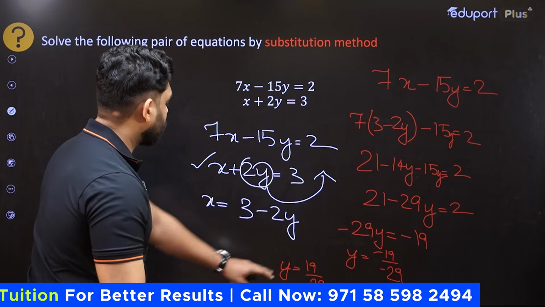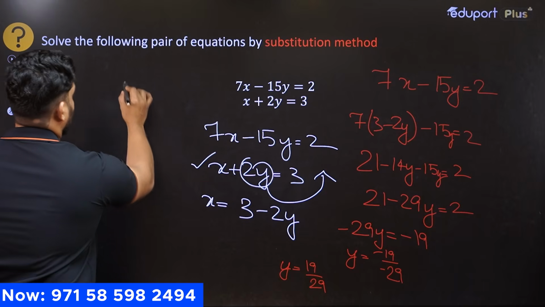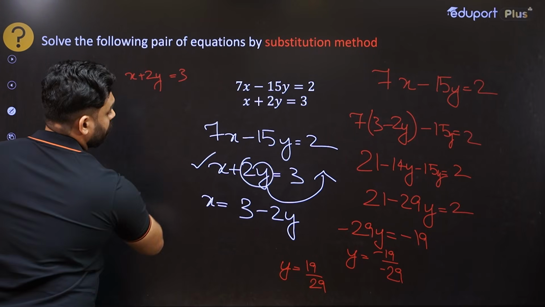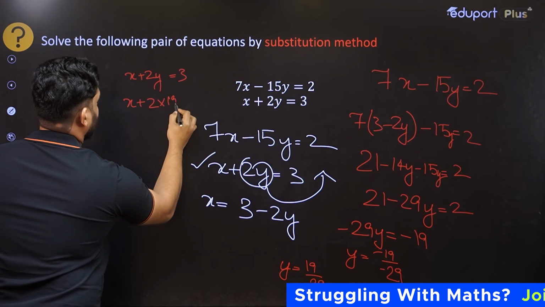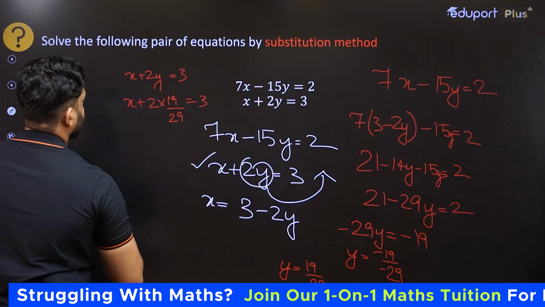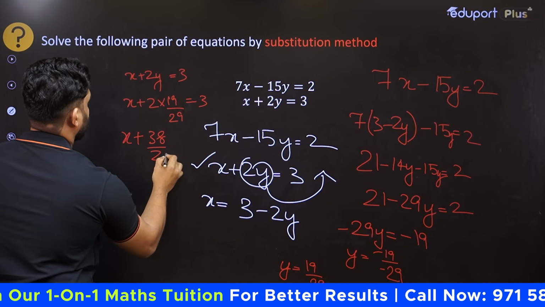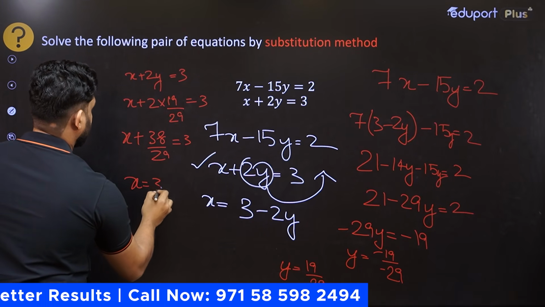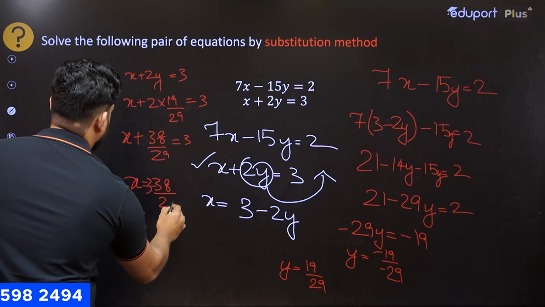Okay, now substitute this value here so that you will get the value of x, that is x plus 2y is 3. So x plus 2 into 19 by 29 is 3. Okay, this will be x plus 38 by 29 is equal to 3. So x will be equal to 3 minus 38 by 29.